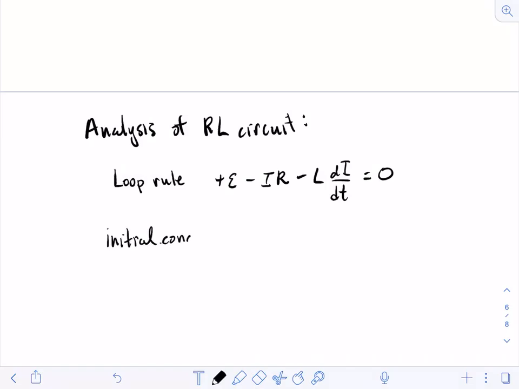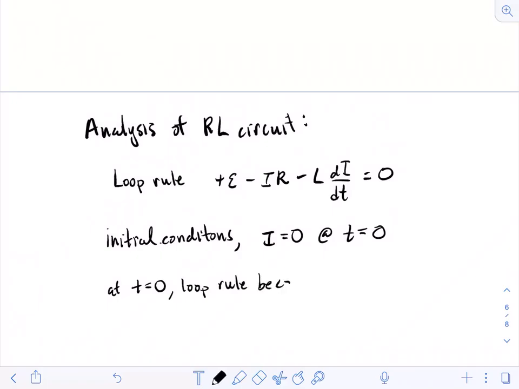Initial conditions are right when the switch is closed, I is equal to 0 at t equals 0. We're assuming the current doesn't instantaneously change, so it starts at 0. So that means that at t equals 0, our loop rule looks like the following.